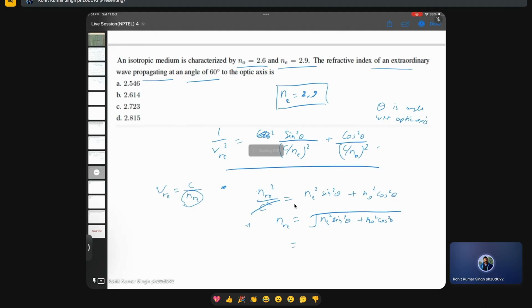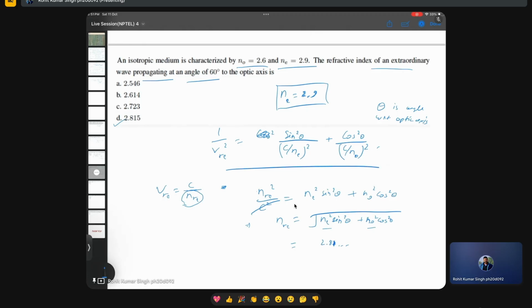When you put everything, theta of 60 degrees, NE and NO are given, you will get 2.82, which is 2.81 something. So D will be the correct option.